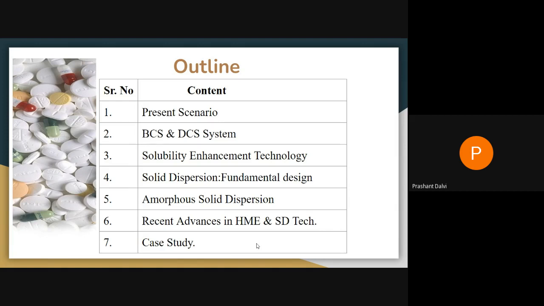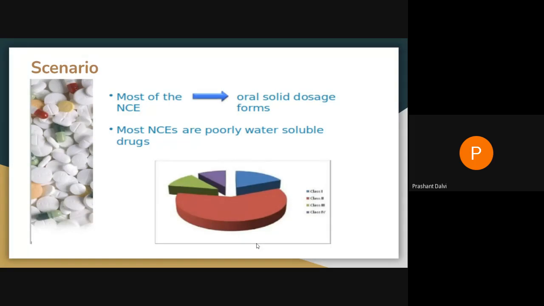So let's start with the first point, that is the present scenario of solubility, viability, and newly discovered chemical moieties. Yes or no? If you see, in the pharmaceutical industry, the most common problem statement is low viability of the drug molecules with their poor aqueous solubility.